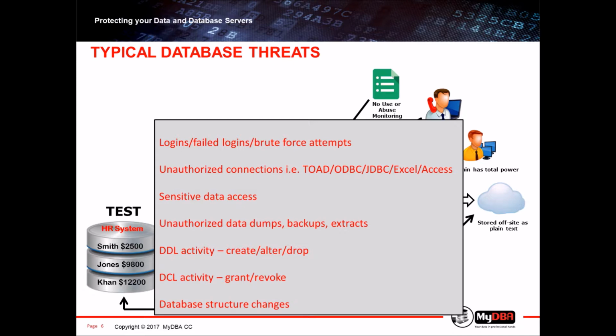Sensitive data access needs to be monitored as well in order to detect unusual or excessive access to this data. Data can also be extracted by unauthorized backups, data dumps, and bulk extracts. DDL, DCL, and database structure changes should also be monitored.